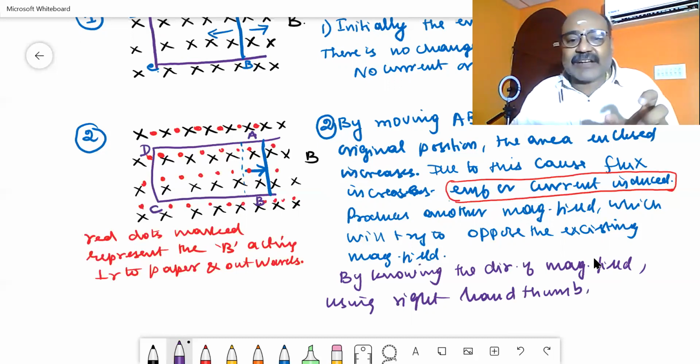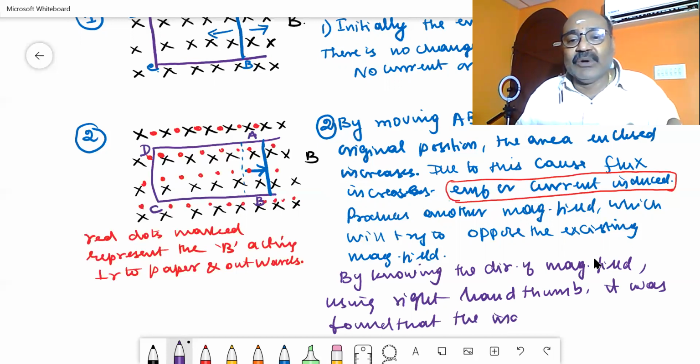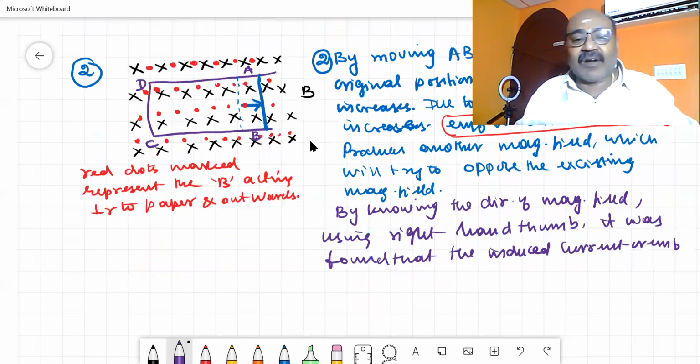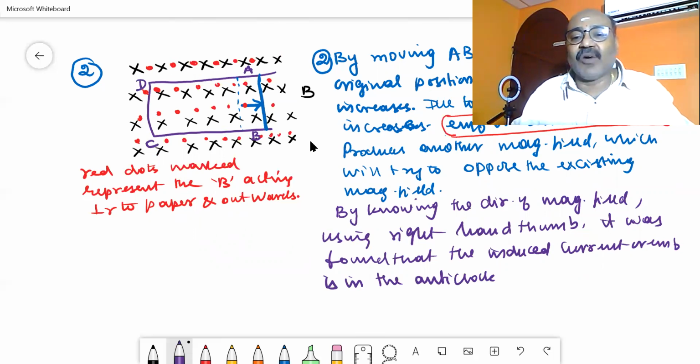By knowing the direction of the magnetic field using the right hand thumb rule, it was found that the induced current or EMF is in the anti-clockwise direction. Hope you should have understood.